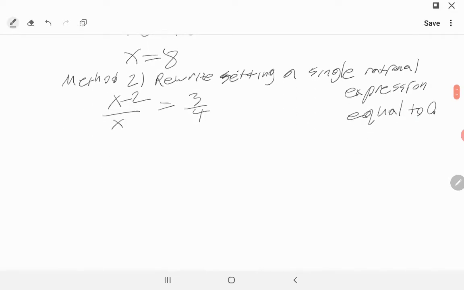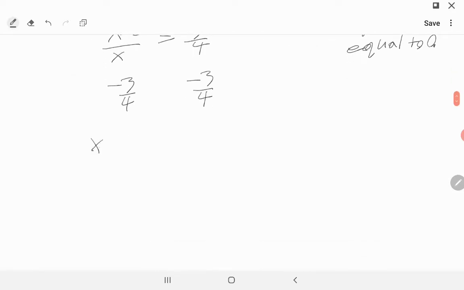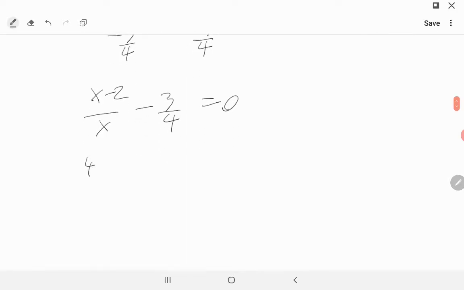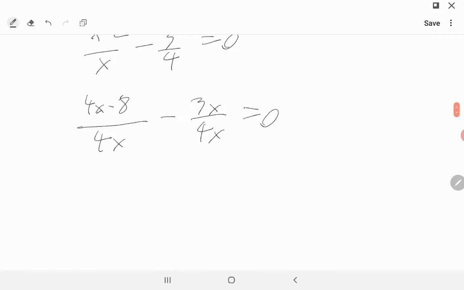So in this case, we would subtract 3/4 from both sides. We wind up getting x minus 2 divided by x minus 3/4 equals 0. Then we have to get a common denominator. We're going to get 4x minus 8 all divided by 4x, minus 3x all divided by 4x, equals 0. And so that's going to give us x minus 8 all divided by 4x equals 0.